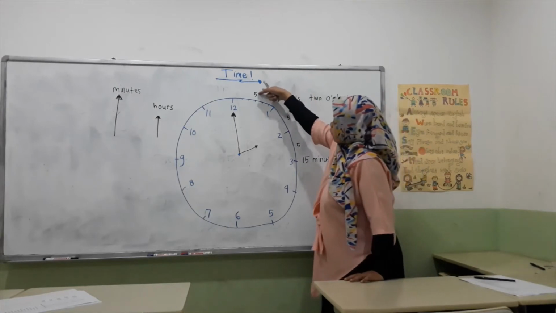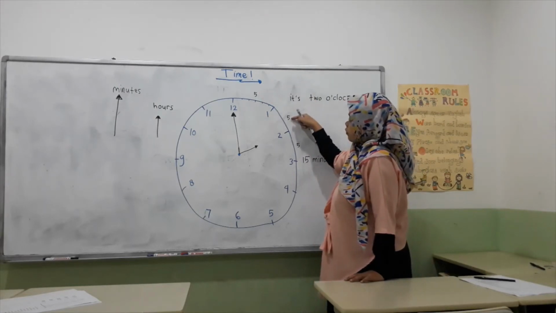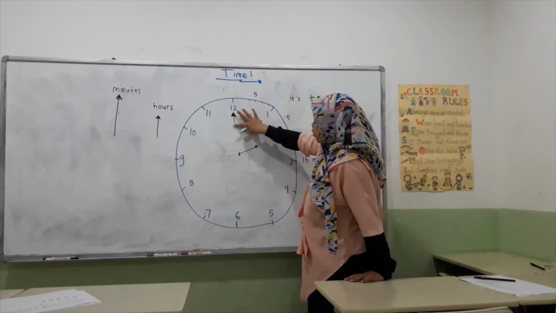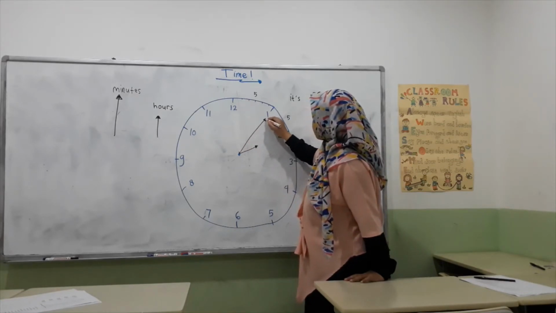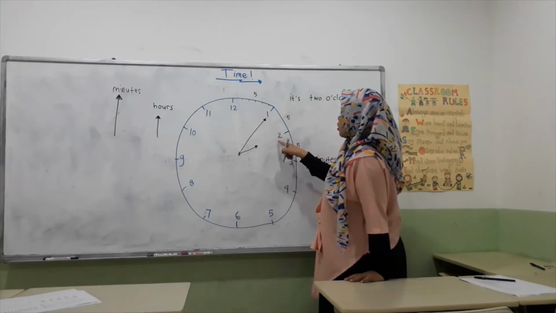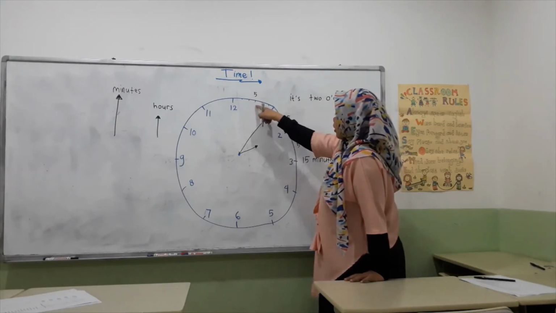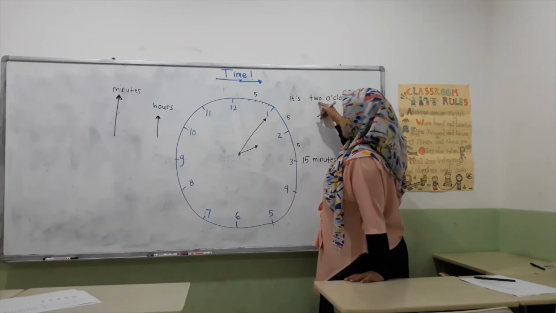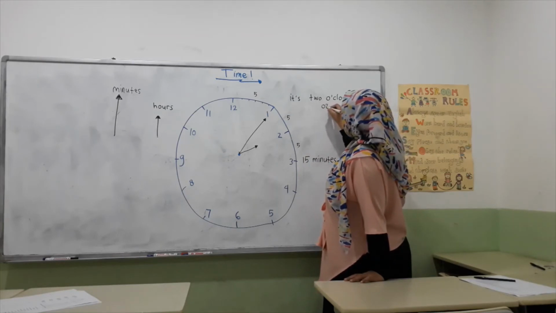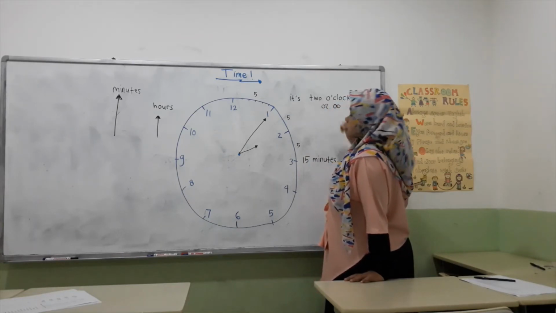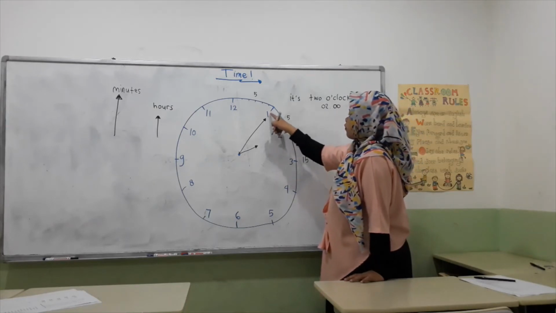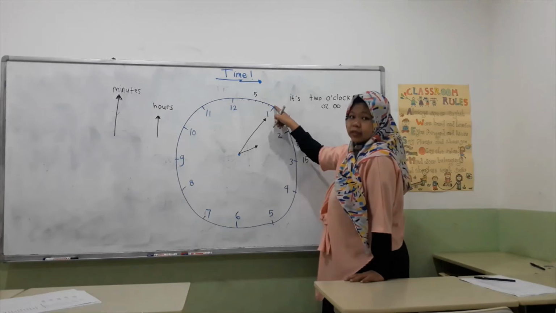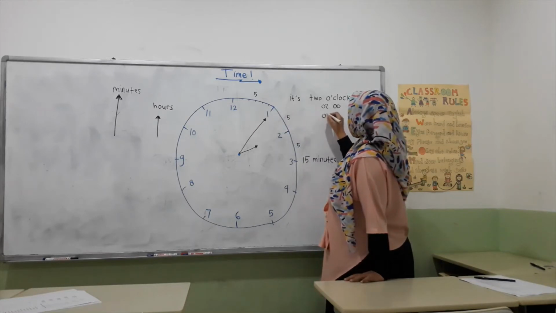So 5 plus 5. If the long arrow goes to number 1, it will be 2:05, because it's 5 minutes.